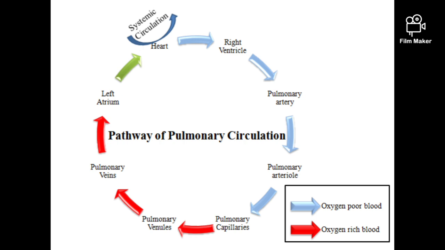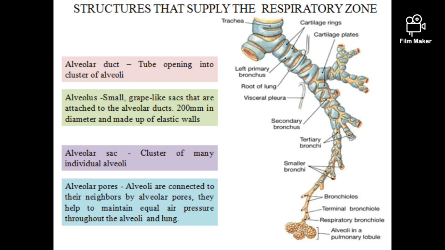From the capillaries, oxygen rich blood is recirculated through the pulmonary veins and enters the left atrium. From the left atrium it enters the left ventricle and is dispatched to the systemic circulation.